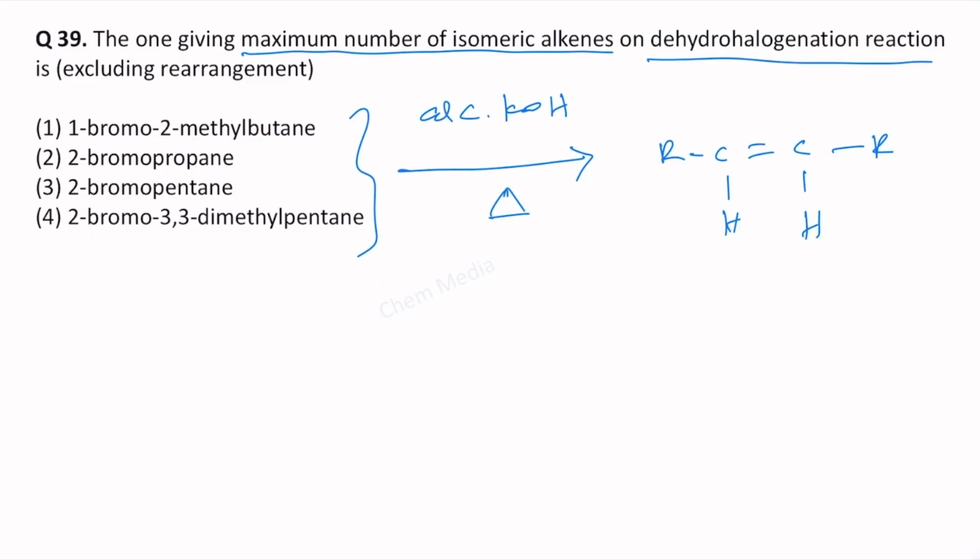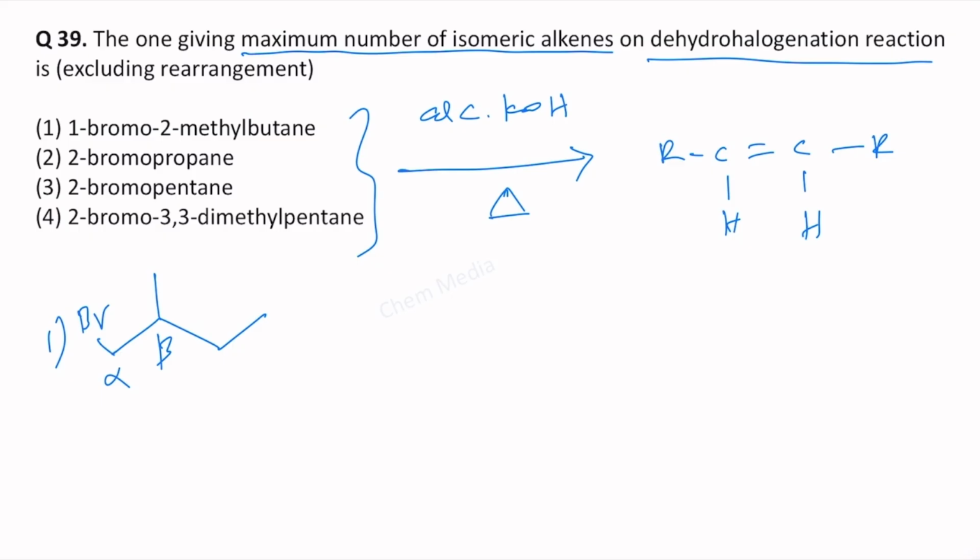In number 1 we have 1 bromo 2 methyl butane. So this is butane, and then 1 bromo at 2 position 1 methyl group. And dehydrohalogenation reactions are sometimes called beta elimination reactions, because at the beta position we need to have a hydrogen atom so that the dehydrohalogenation reaction can occur.